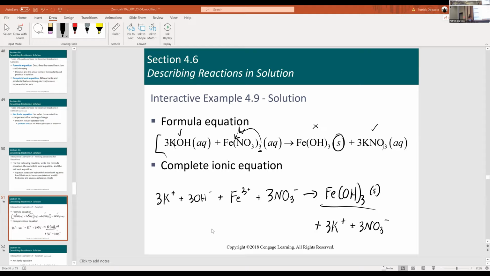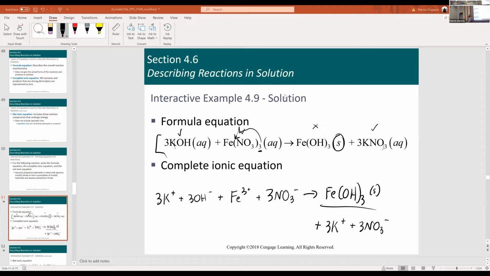Any questions? Yeah, that's basically how it works. Okay, good. Awesome. So now this is the complete ionic equation.